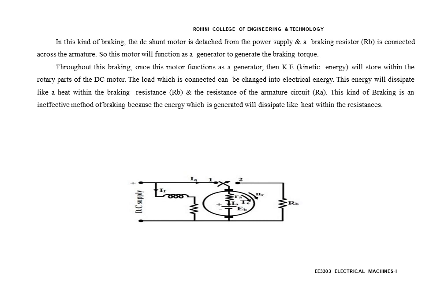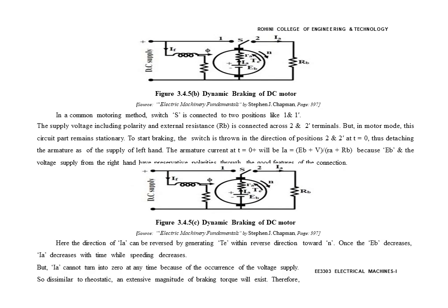This energy will be dissipated as heat within the braking resistance. With the armature circuit resistance Ra, this kind of braking is an inefficient method of braking because the energy which is generated will dissipate as heat within the resistance.